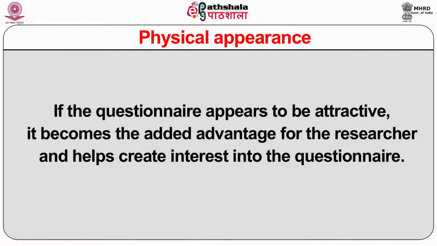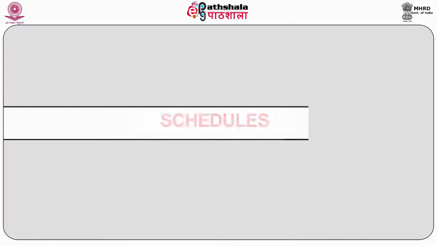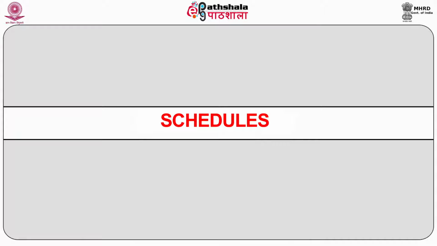If the questionnaire appears to be attractive, it becomes an added advantage for the researcher and helps create interest in the questionnaire. The physical appearance may include features like well-typed, quality of the paper, along with the use of color, font type, font size, etc.